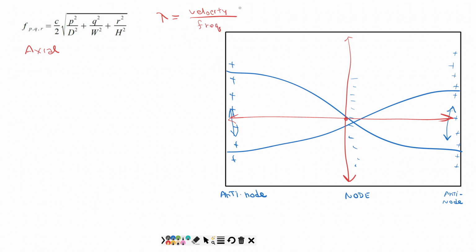In customary US units, velocity at room temperature is maybe 1125 feet per second. At a fairly low frequency, 100 hertz, an easy number, we're looking at a wavelength of 11¼ feet. In metric, velocity 343 meters per second, again for 100 hertz, we're looking at 3.43 meters for the wavelength.